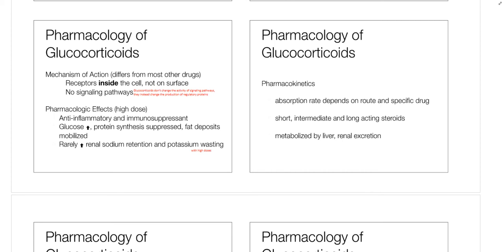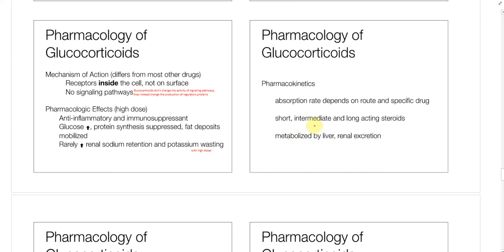And because glucocorticoids can have some pseudo mineralocorticoid properties, being aldosterone, which is going to conserve sodium and waste potassium, we might, with some higher doses, see an increase in that sodium retention and potassium wasting. So that's always something to consider when we see patients on regular high dose glucocorticoids, is that we can have that mineralocorticoid aldosterone side effect.